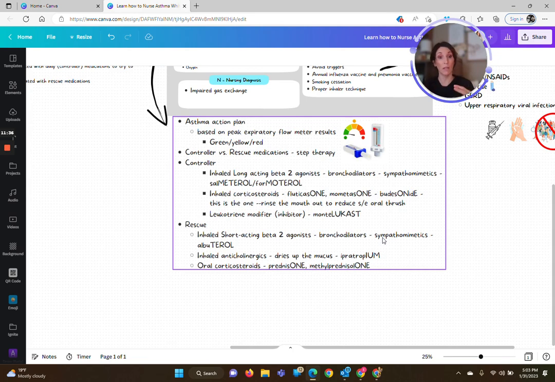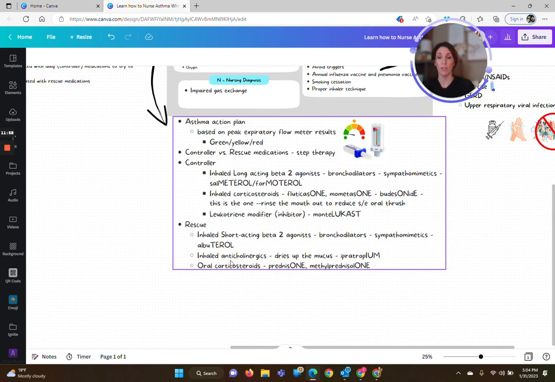Those are the effects of short-acting beta-2 agonists. So if I take my albuterol, my heart rate's probably going to go up a little, my lungs will open, which is what I'm trying to do, and I may also have side effects such as shakiness and anxiety. Those are common things that happen with medications such as albuterol.